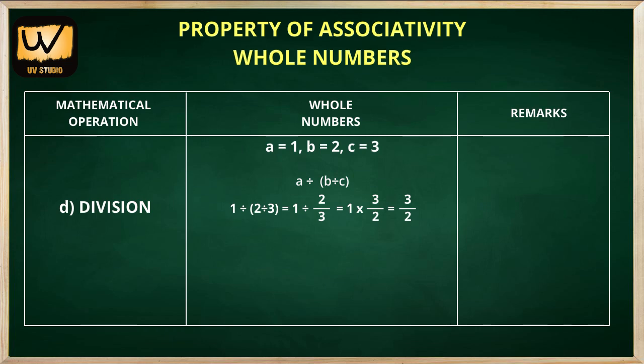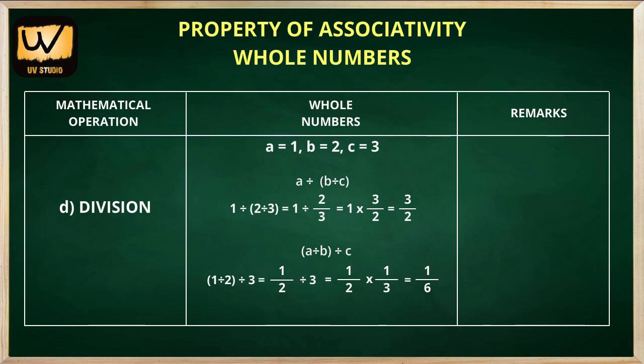Remember, this is the left hand side. And what about the right hand side expression? Into brackets 1 divided by 2 and the bracket is divided by 3. So 1 divided by 2 is written as 1 upon 2 divided by 3. 1 upon 2 remains as it is. Division becomes multiplication and 3 becomes reciprocal, 1 upon 3. How much is the answer? It is 1 upon 6.